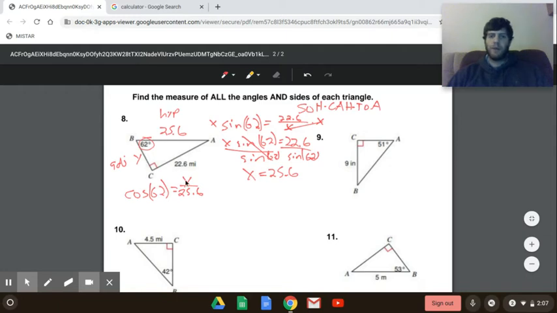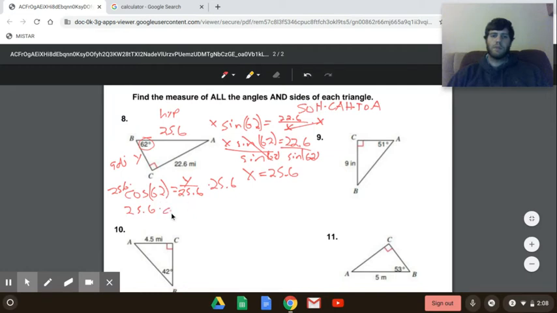All right, to get y by itself, we need to multiply both sides by 25.6. So we get 25.6 times the cosine of 62 equals y. Whoops, didn't write cosine.